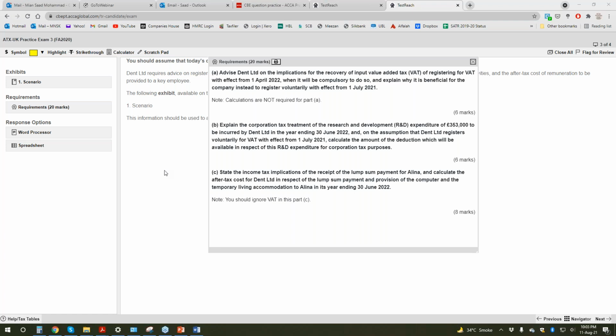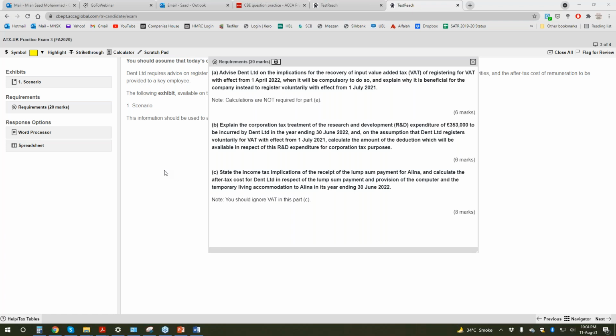Guys, I can see that there is a date in the requirement that is in April 2022, when it will be necessary for us to register. However, we have to tell them what will be the benefit from registering earlier. So there must be some benefit. That is a hint from the requirement. All we have to do is read the requirement and figure out what the benefit is.